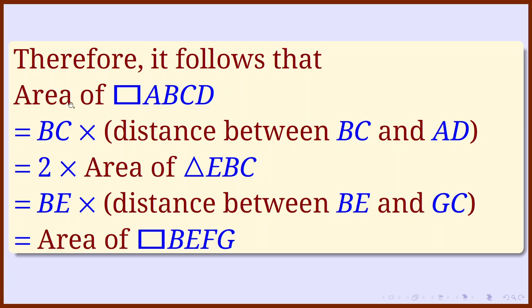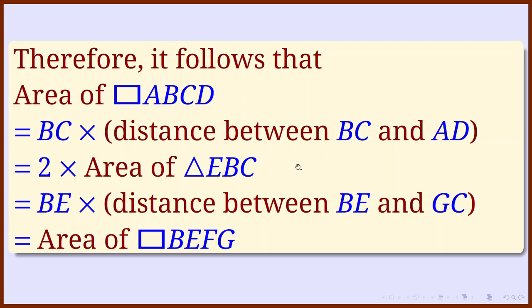Therefore, it follows that the area of the parallelogram ABCD is equal to BC, one of the sides, into its distance from the opposite side. So BC into the distance between BC and AD.